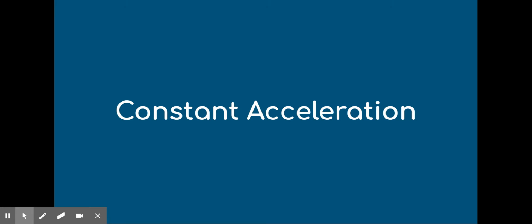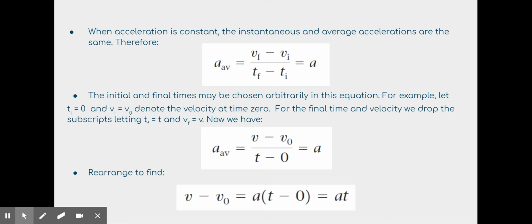Okay, so this brings us to constant acceleration. And when acceleration is constant, and we said this earlier, the instantaneous acceleration, or just acceleration, is equal to our average acceleration. We can represent that like this. So our average acceleration is equal to our instantaneous acceleration.